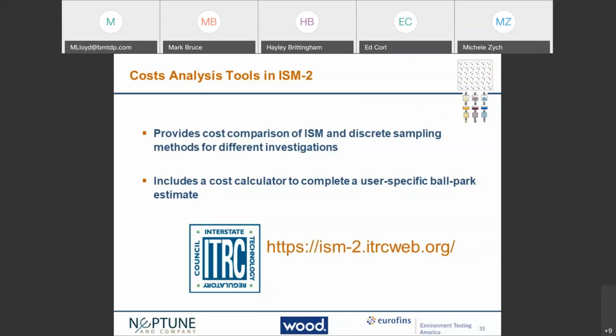So we did that, and we'll present that cost comparison here. And then we also created a usable calculator for users to come in and generate their own ballpark estimate for a sample scenario that they may be considering. Here's the link to that. It's an Excel table that you can pop out and actually populate the cells yourself.